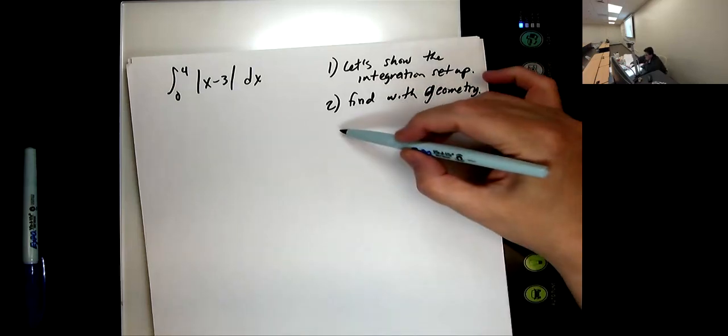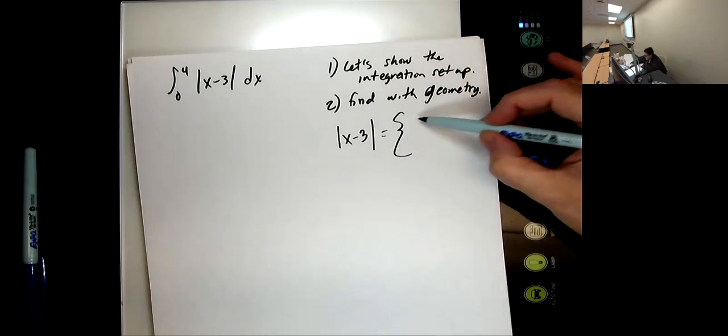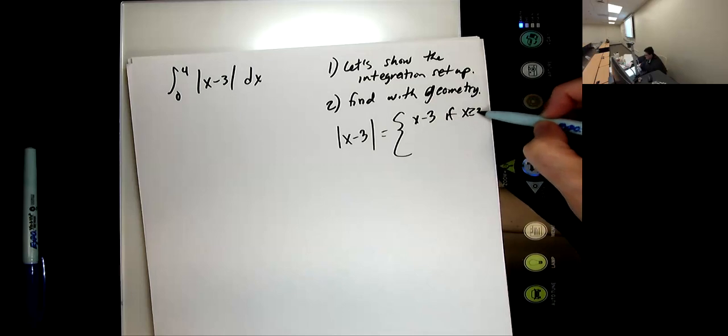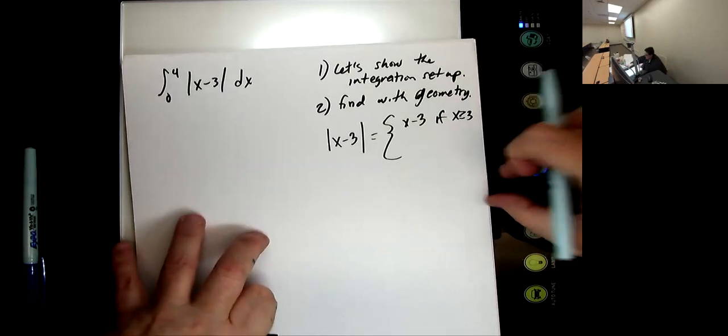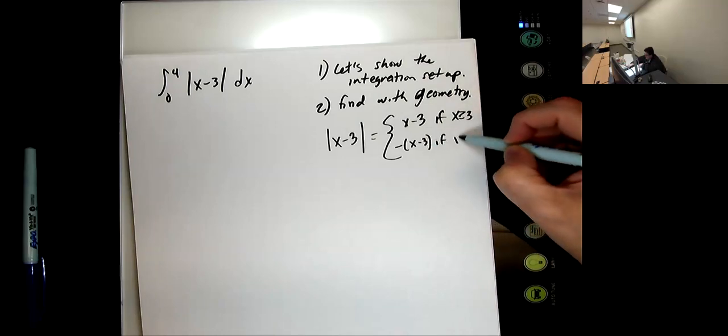So the absolute value of x minus 3 equals x minus 3 if x is greater than or equal to 3, or negative (x minus 3) if x is less than 3.